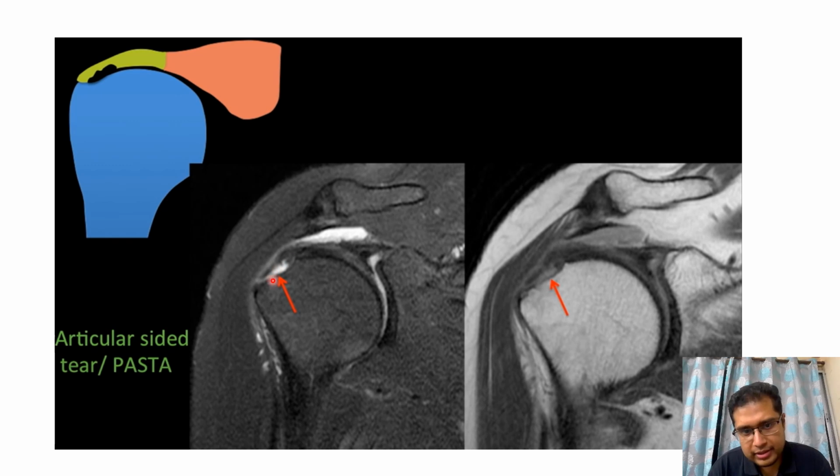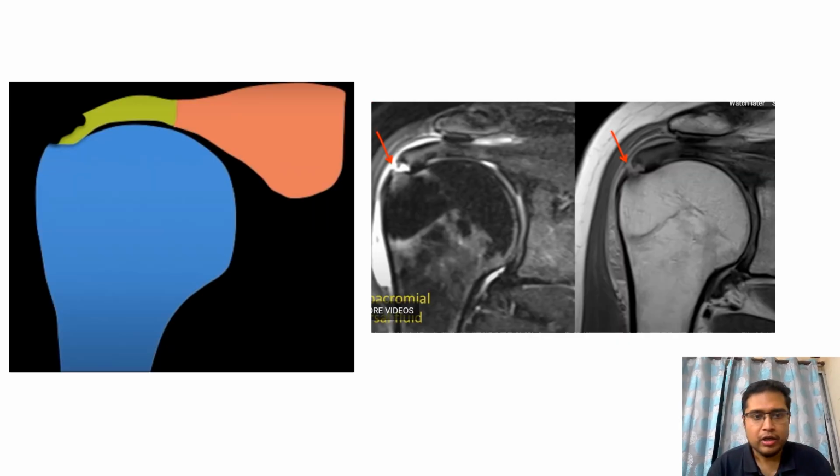So this particular tear is present in the articular surface and it is partial. Now if it is present on the opposite side, but some tendon is actually preserved, this is the non-articular surface or bursal surface tear. It's also called anti-PASTA. It's also a partial tear. It's not a full thickness tear because some of the tendon is actually preserved.